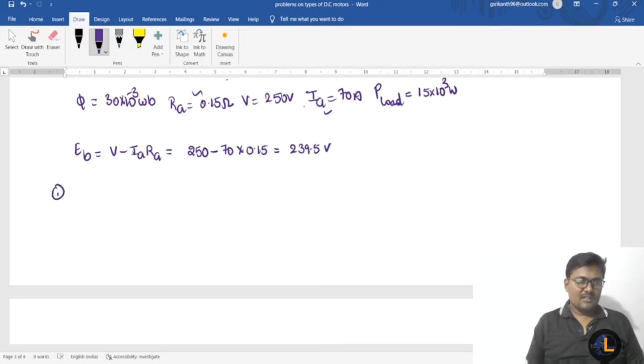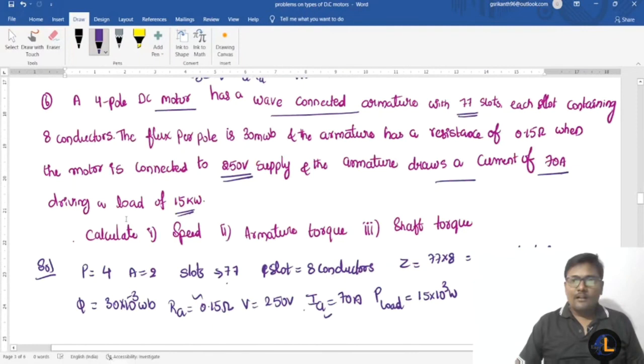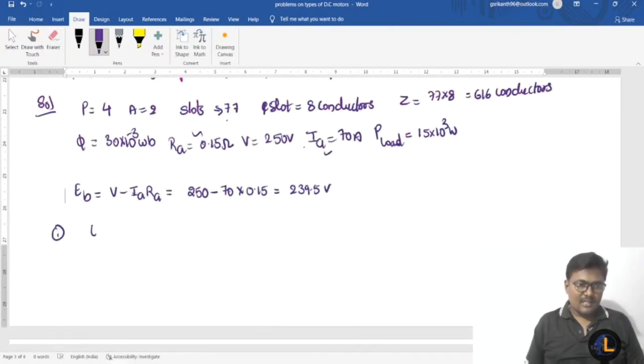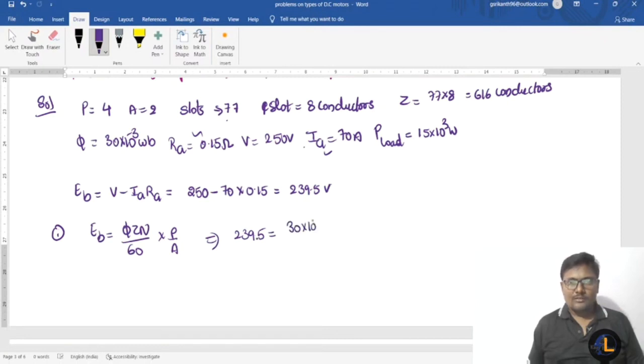Then what is the first question? He is asking for the speed. So from this back EMF, we know the formula E_B equal to φ Z N by 60 into P by A. So 239.5 is equal to φ, which is 30 × 10^-3, the number of conductors is 616, and the speed we have to calculate, with 60 divided by the number of poles, 4 by 2.